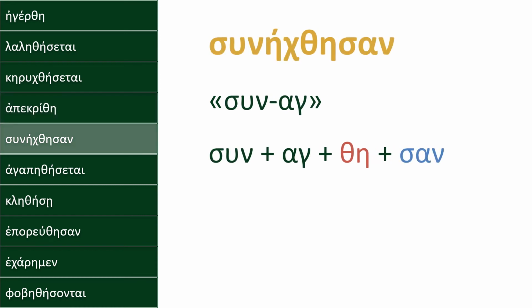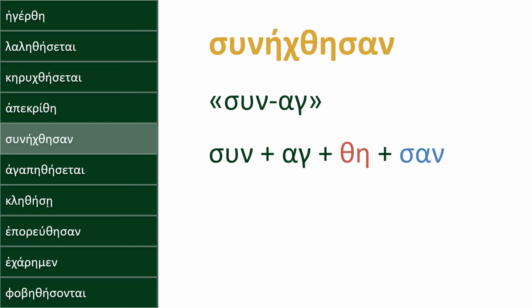Sinechthesan. Aorist passive indicative, third person plural, they were gathered. The root is sinag with the preposition sin in compound. The building blocks: we have the preposition in compound, sin, then the vocalic augment, alpha, lengthened to eta, then the tense formative the, and the third person plural ending, san.